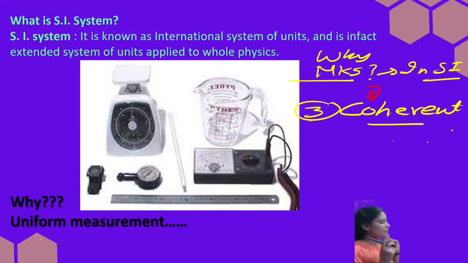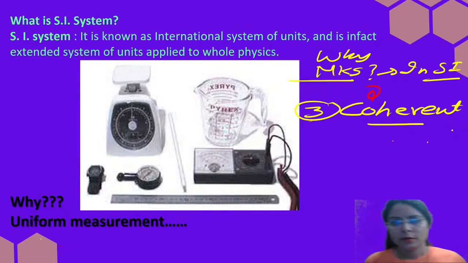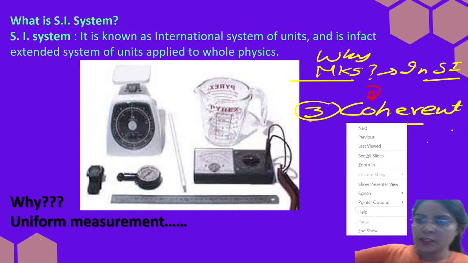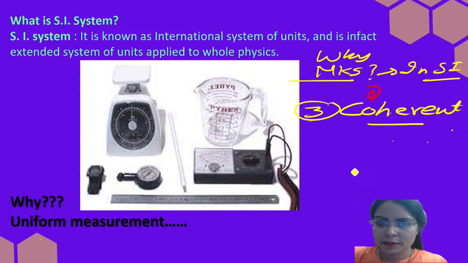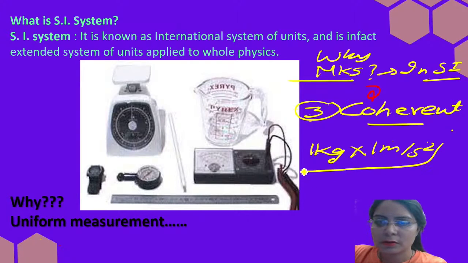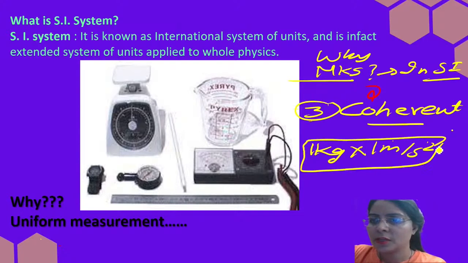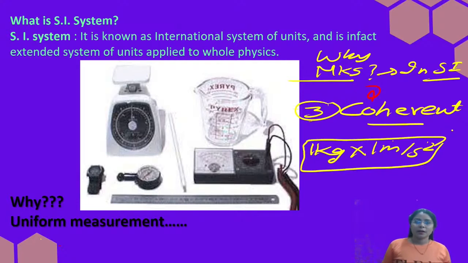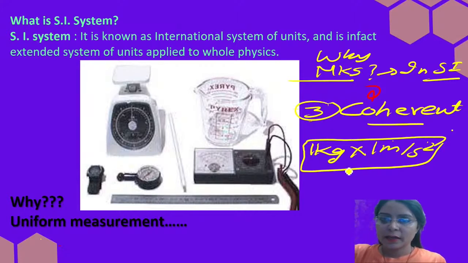See, let me take an example. 1 kg of mass, when applied with 1 meter per sec square of acceleration. If there is 1 kg of mass and it experiences an acceleration of 1 meter per sec square, then I can say there must be a force applied on it of 1 Newton.